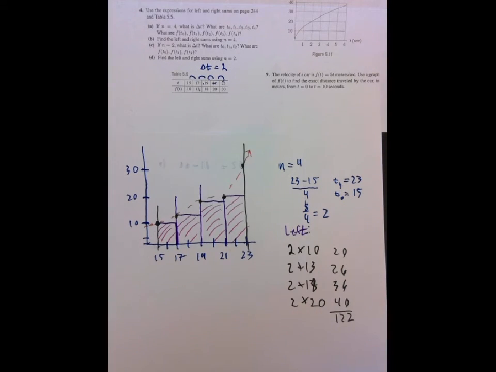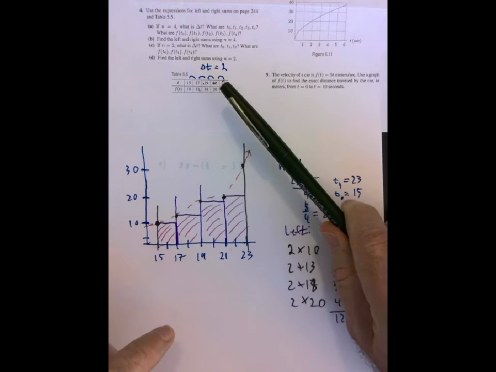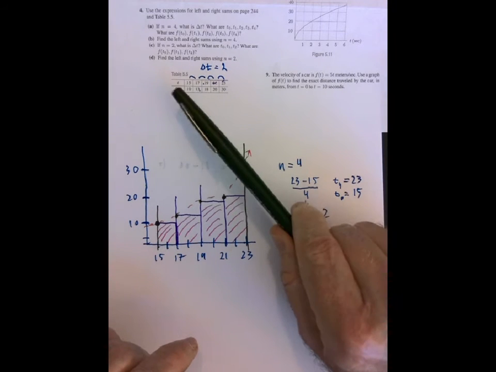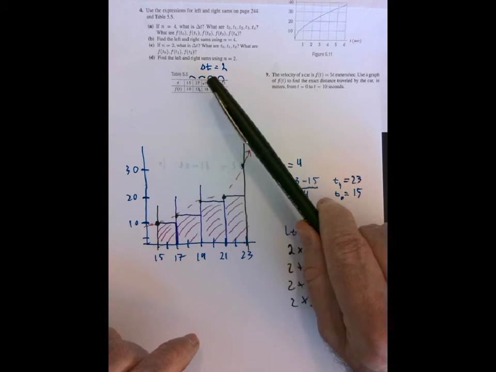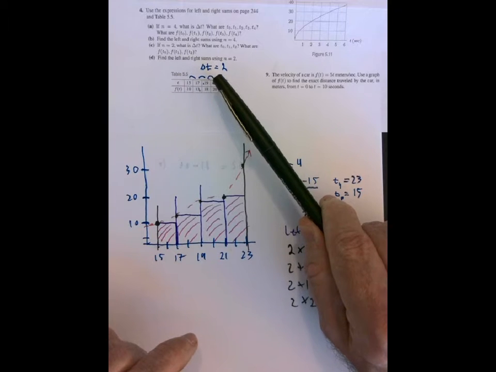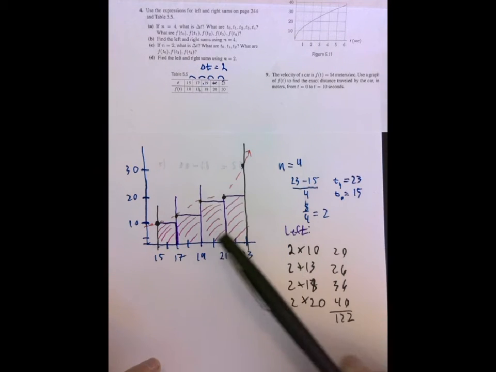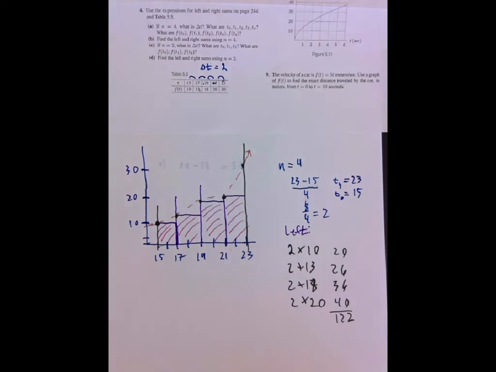That's the left-hand sum. And then you can see somewhere on page 1, they said if we want the left-hand sum, use the first 4 left-hand numbers. But I think it's easier to see what's going on if you draw the picture, right?